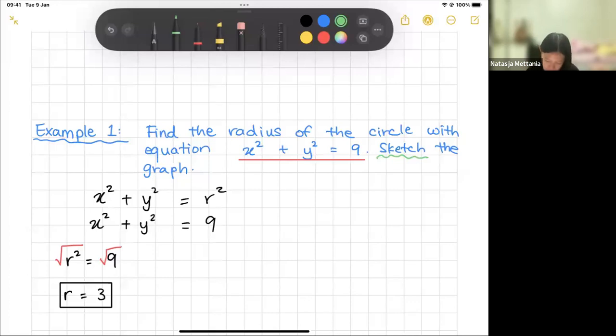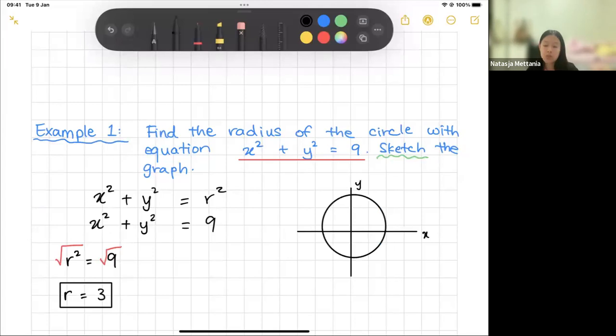So in this case, this is what I'm going to do. If it's sketch, I'm just going to do it loosely. This is my x and y coordinates. It doesn't have any numbers. It's a circle, so I'm just going to draw a circle. It doesn't need to be too good, just freehand it.